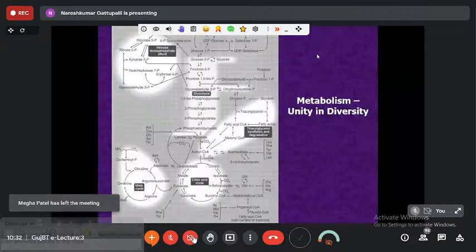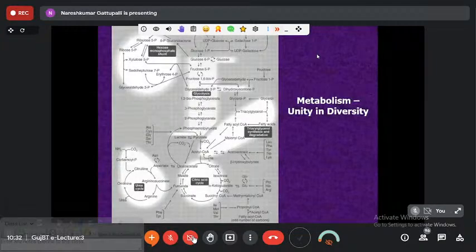So when we talk about metabolism in all the living systems, interestingly, all of them make the same molecules. DNA, RNA, proteins, all of them are the same. So there is unity in the diversity.